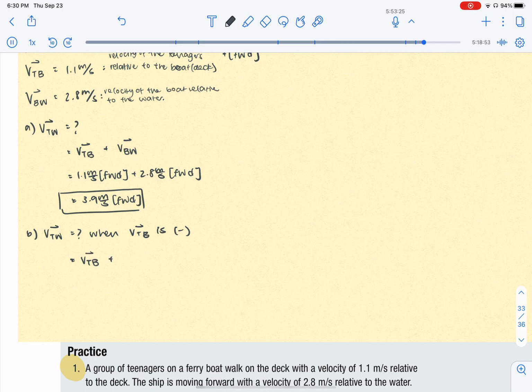And if the last letter in your chain is G, it should be the last letter in your resultant vector over here. It's more of a communication thing, so that you know how the vectors are added together. But we also know that if you add two vectors together, the order doesn't really matter because you still get the same resultant.